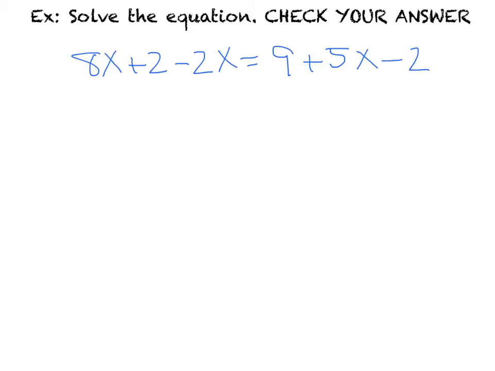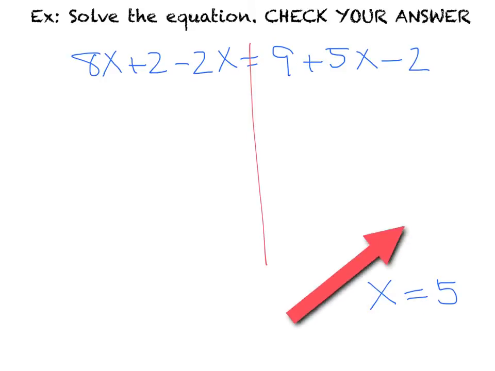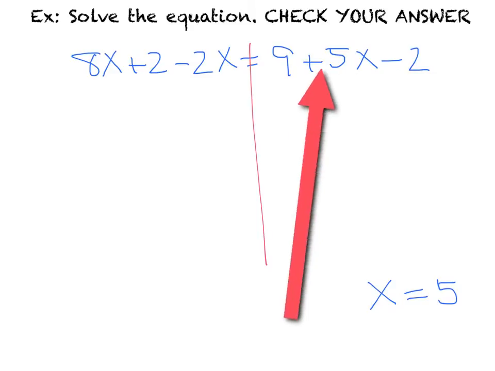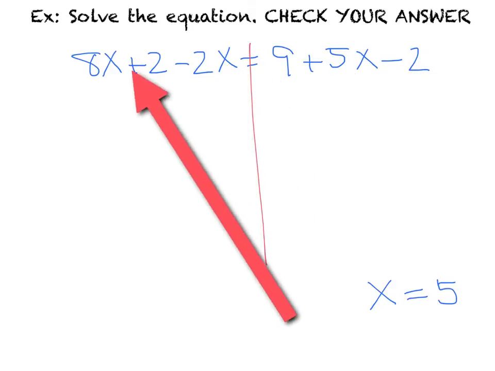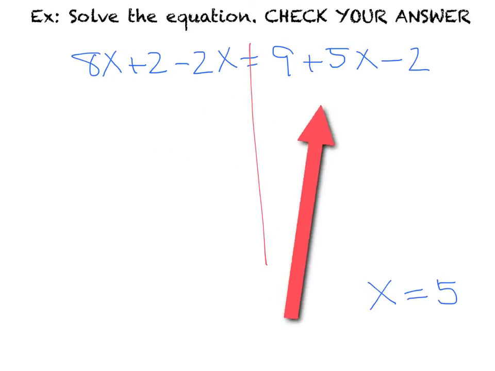And if you'll remember, I'll put it down here, we got x equals 5 for our answer. So how do we check to see if this is right? Again, I like that line there. Now that we know that x equals 5, we know that this 5 and x are the same thing, so we'll put the 5 in for that x, for that x, and for that x. We'll put it in for every single x in the problem.